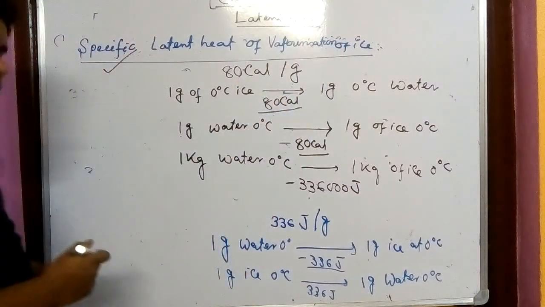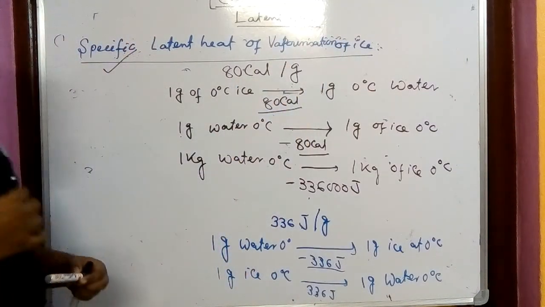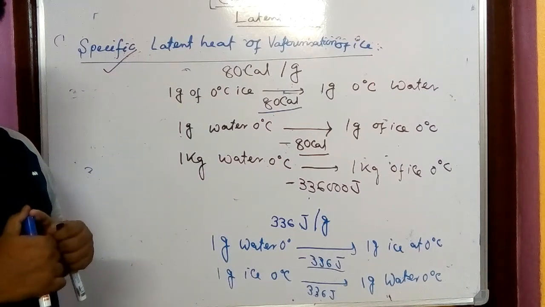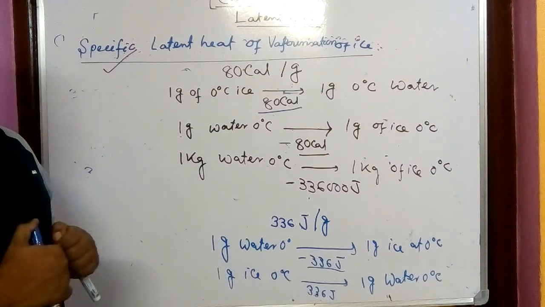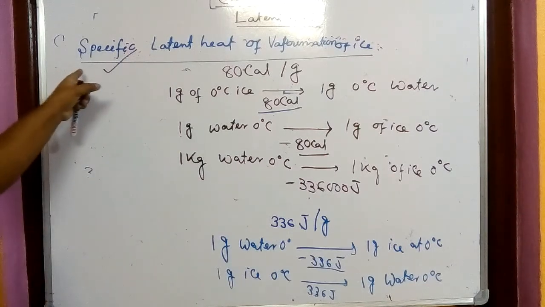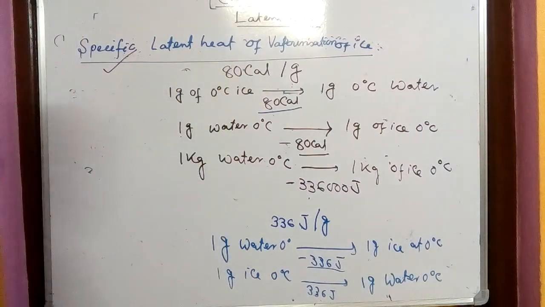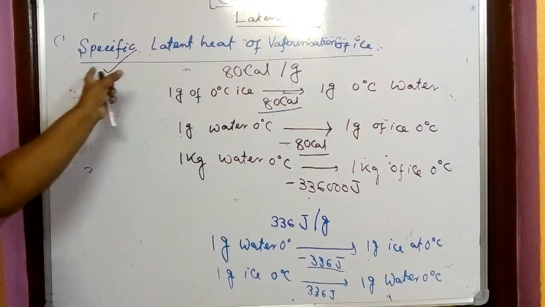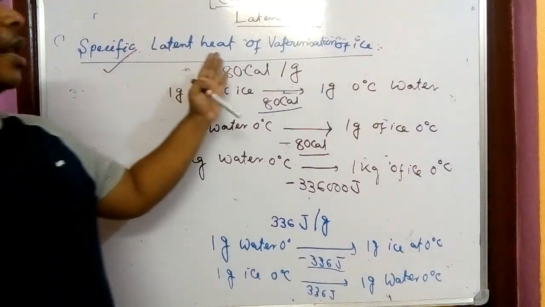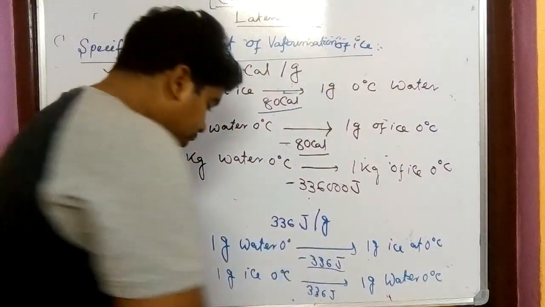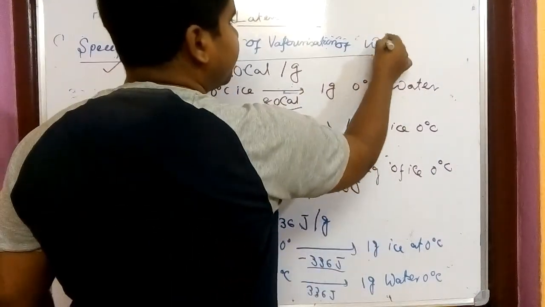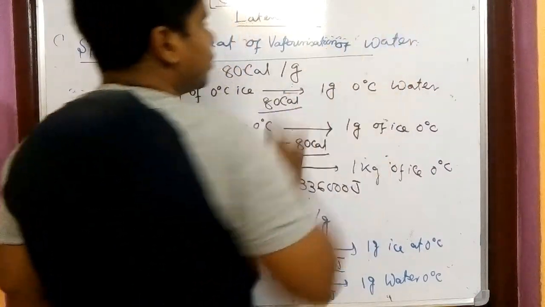So it's very easy. When water at 100 degrees centigrade converts into steam at 100 degrees centigrade, for unit mass, how much extra heat energy is needed, that much extra heat energy is known as specific latent heat of vaporization of water.